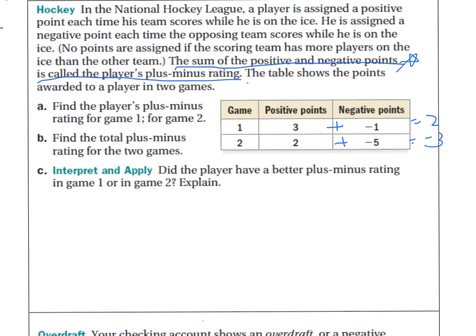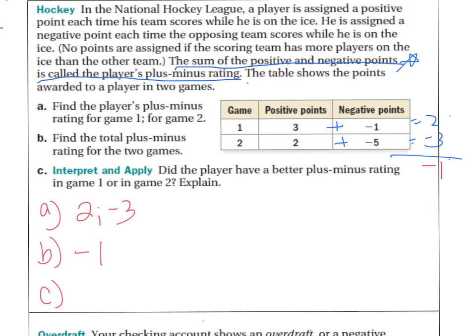Part B. Find the total plus-minus rating for the 2 games. So I would take 2 and negative 3 and add them together to get negative 1. Okay, so I'm going to write the answers down here. 2 and negative 3. B will be negative 1. And C. Interpret and apply.